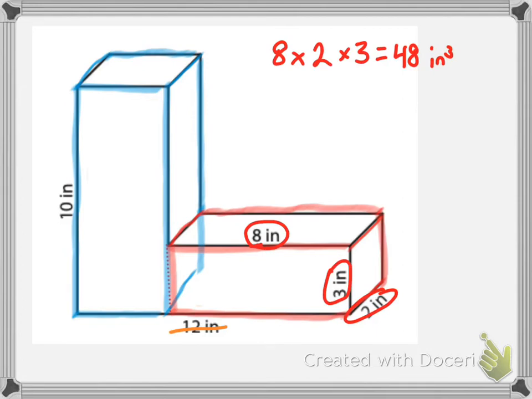On the blue rectangle, we need to find the length. The whole length of the whole shape used to be 12, but it's not 12 anymore because we cut it. So how do we find the length of this blue one? We only have one number on the blue one.